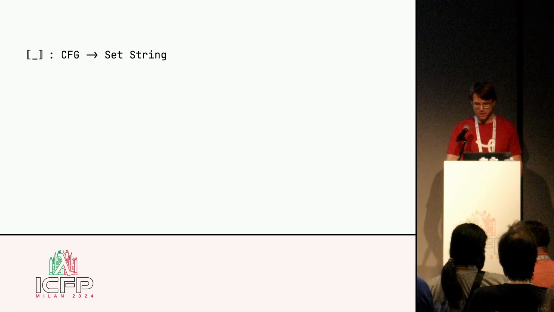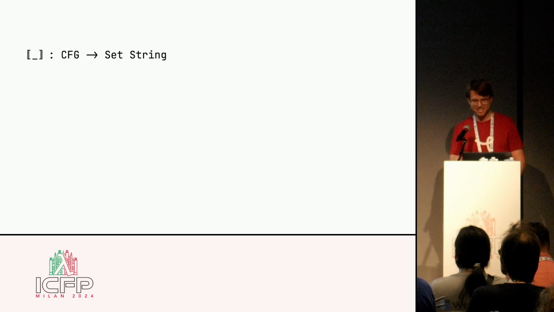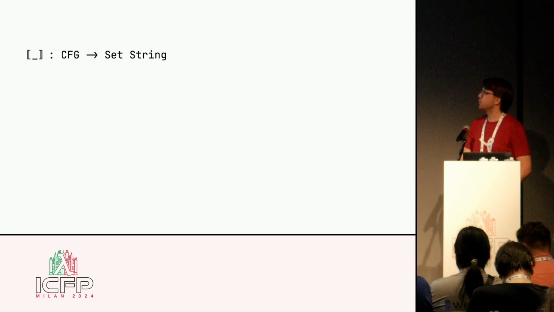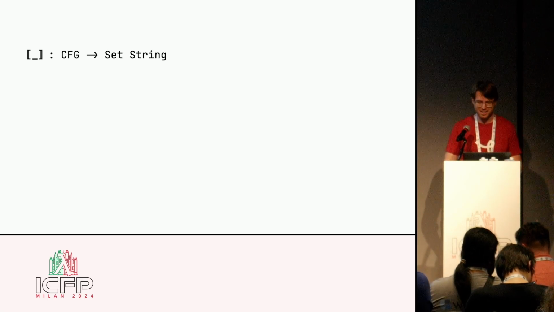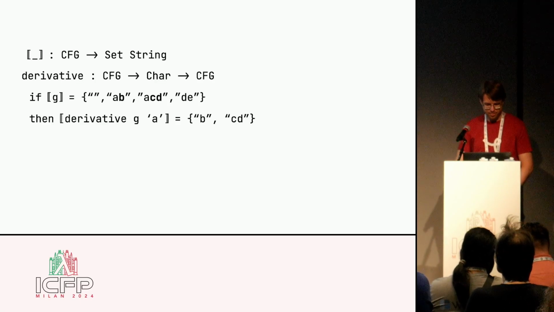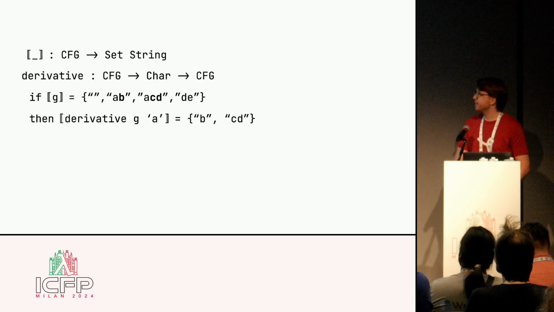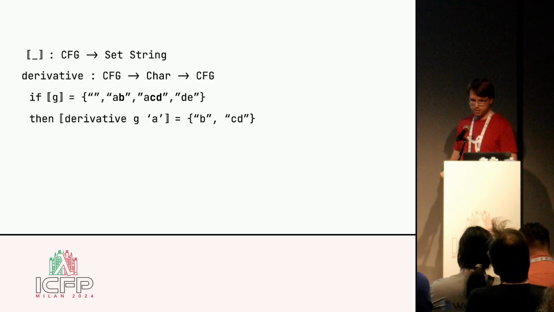So to attack this problem, I tried to find the simplest way to do parsers. And the simplest way I've come up with, or I've seen online, is parsing with derivatives. So let's say we know that the meaning of a certain context-free grammar is a set of strings.